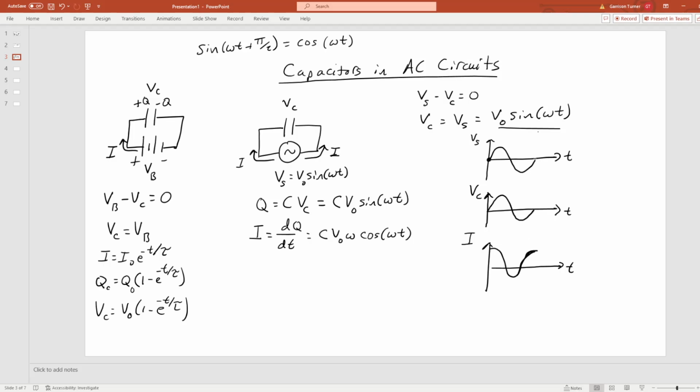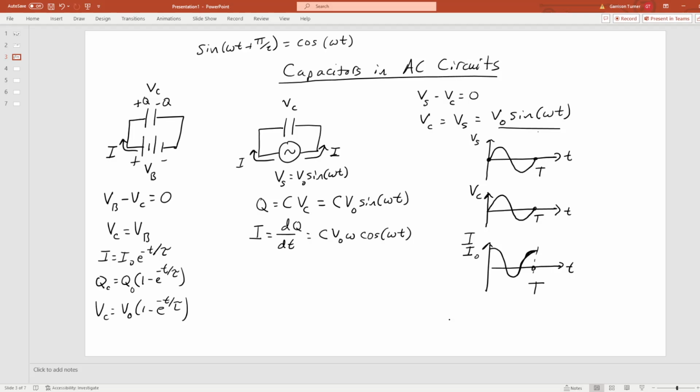And this is one period. So your current starts at a maximum, I naught, and then will cosinusoidally vary while your potential sinusoidally varies.